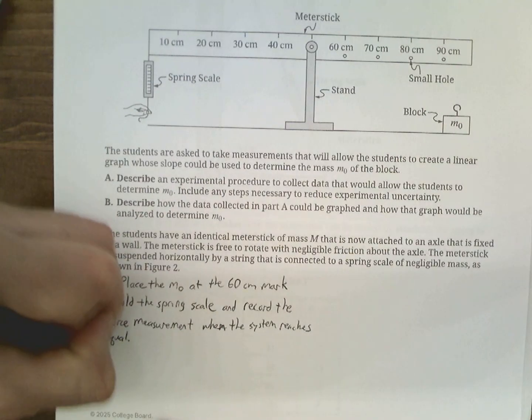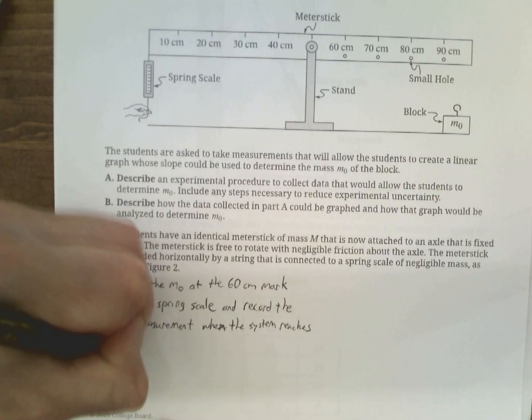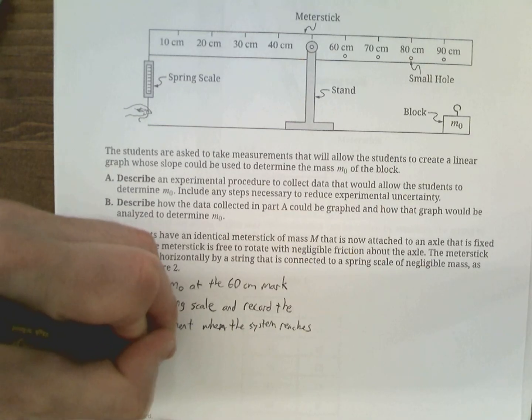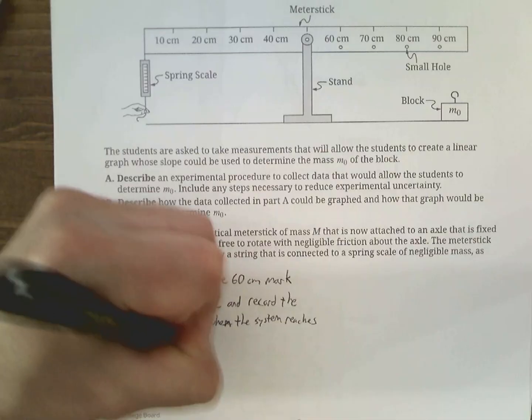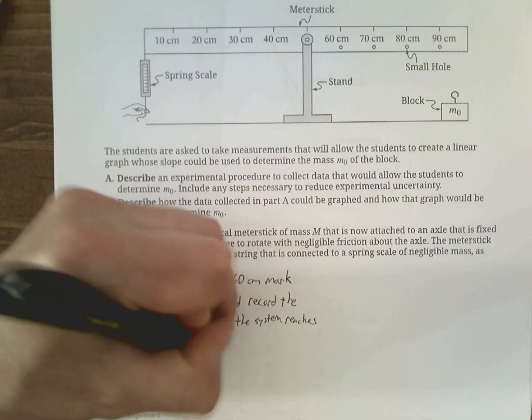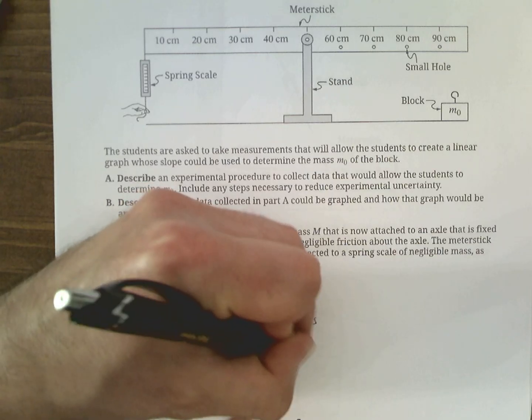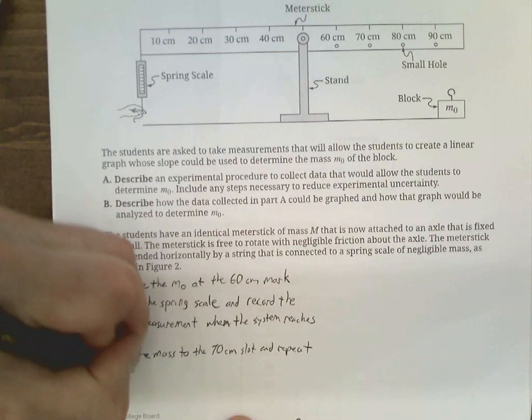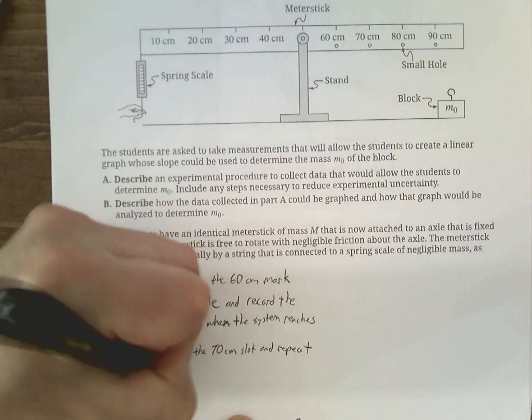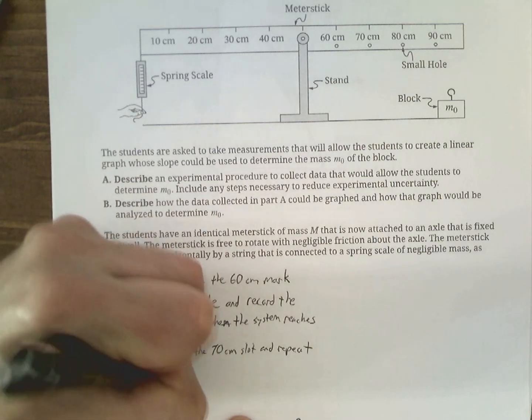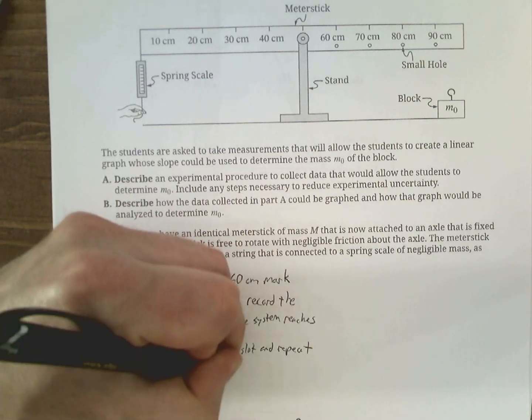Then we're going to move the mass to the 70 centimeter slot and repeat the above steps. And then do this again for the 80 and 90 centimeter slots.